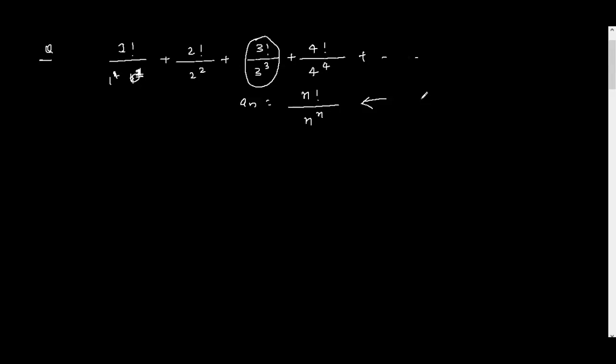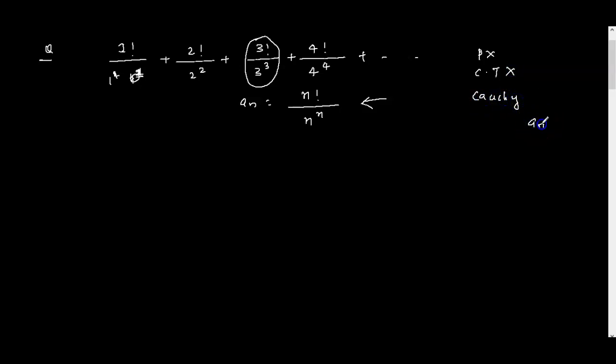Okay, so now you tell me which method you have to apply. Which method will do? Will comparison work? No. P-test? Not P-test. So P-test fails here, comparison test fails here, then what other test do we have? Cauchy's, right? Cauchy's is what?